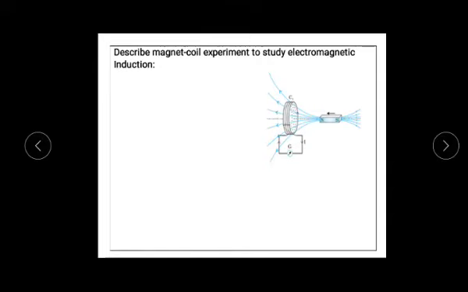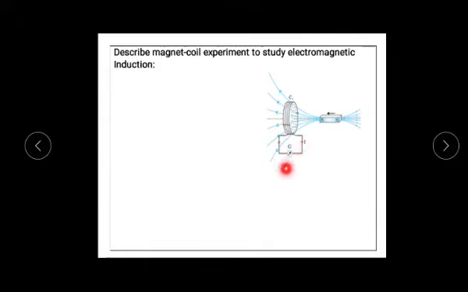It detects whether current is present or not. So the galvanometer is connected to the ends of the coil. So this is the coil and this is the bar magnet. Now what we have to do? You have to move this bar magnet inside this coil. What Faraday observed is, when it is moved inside the coil, this galvanometer shows some deflection.